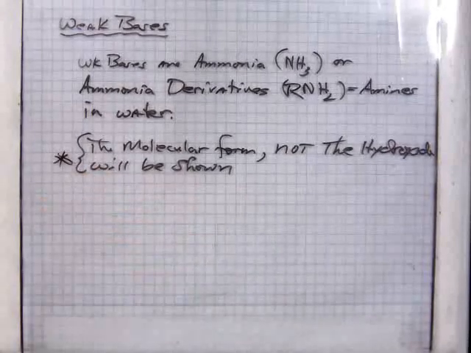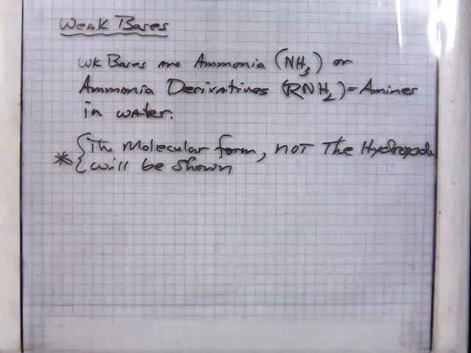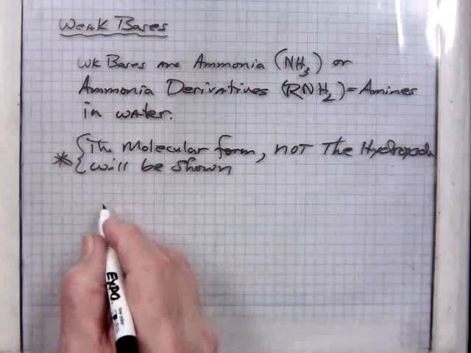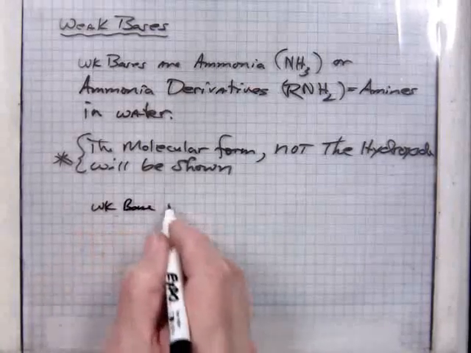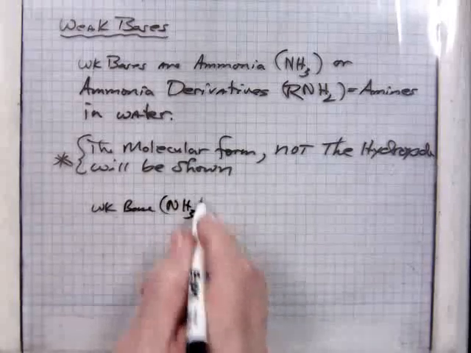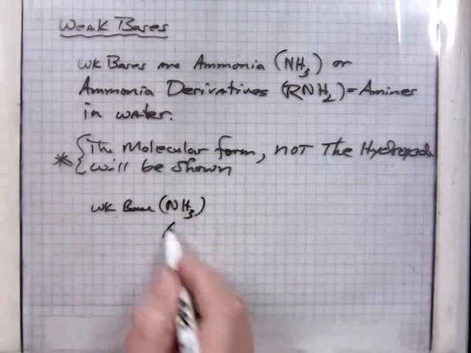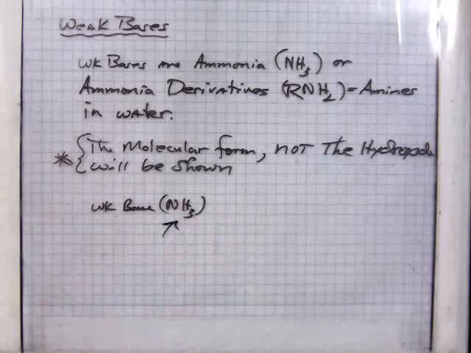This is a formatting and a common practice in the chemical community when working with these. For example, if you have a weak base NH3, that's the way it will be posted in the exam.